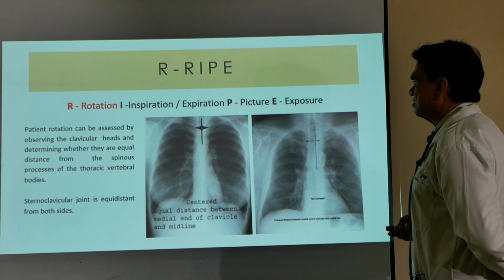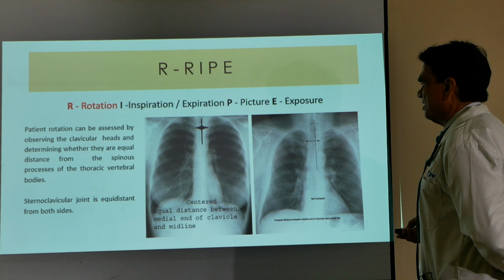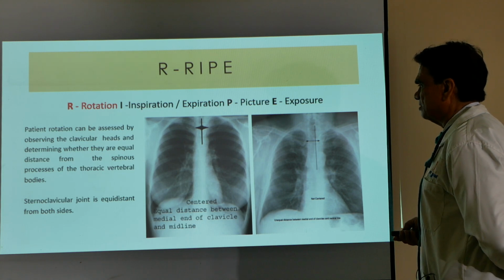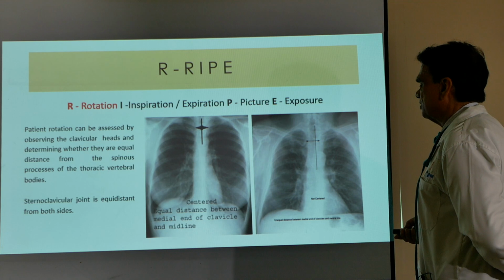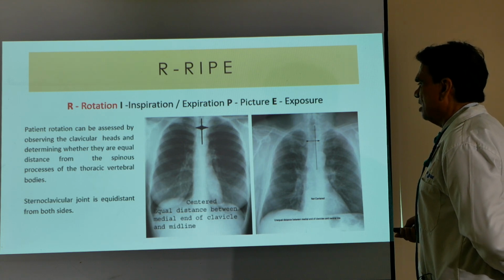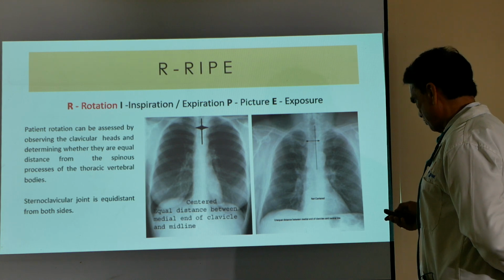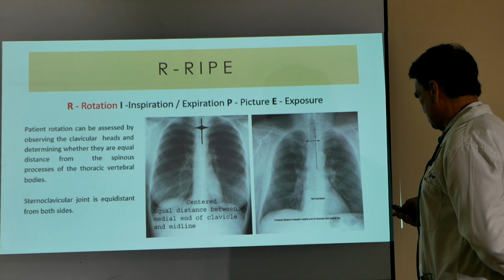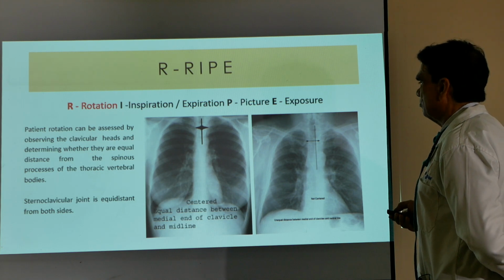Patient rotation can be assessed by observing the clavicular head, that is the medial heads of the clavicle, and determining whether they are an equal distance from the spinous processes of the thoracic vertebral bodies. The sternoclavicular joints are always equidistant from both sides.